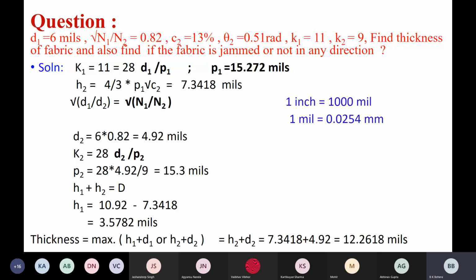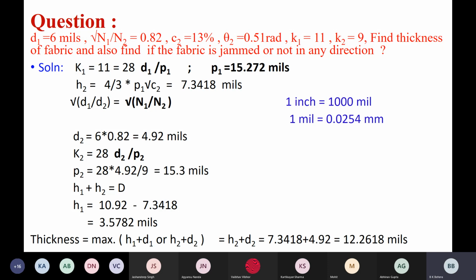So you already know the condition for jamming. We have three conditions for jamming. One is warp jamming, another is weft jamming, and the third is if the fabric is jammed both warp way and weft way. We have already derived the mathematical condition for a jammed fabric.